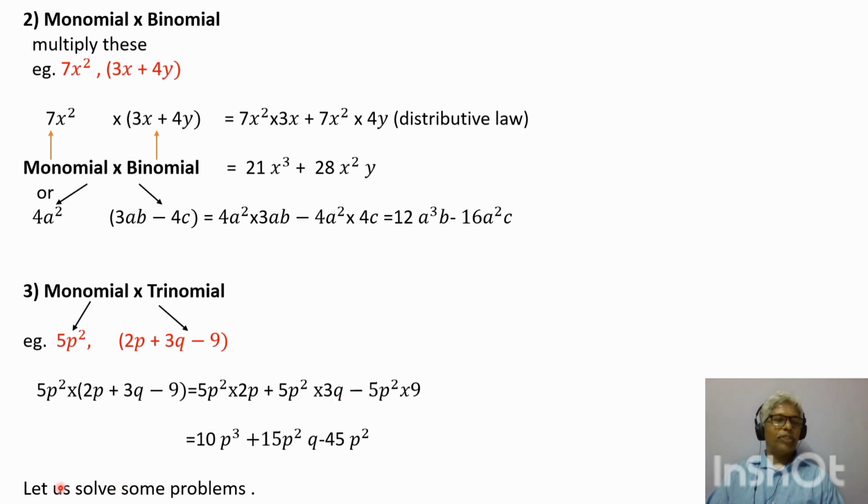So it will be very simple. If we try some problems, let us solve some problems, and this will be very simple. Okay, find the product of, okay, product means you have to multiply the expressions.